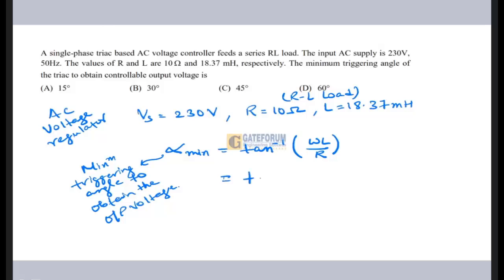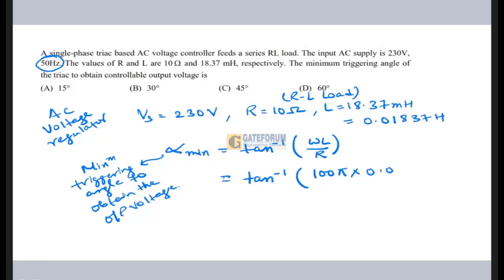Here, omega, we know that it is 2 pi f, and f is given as 50 hertz. So 2 pi f will become 100 pi. The value of L is 18.37 millihenry, so I can write it as 0.01837 Henry.